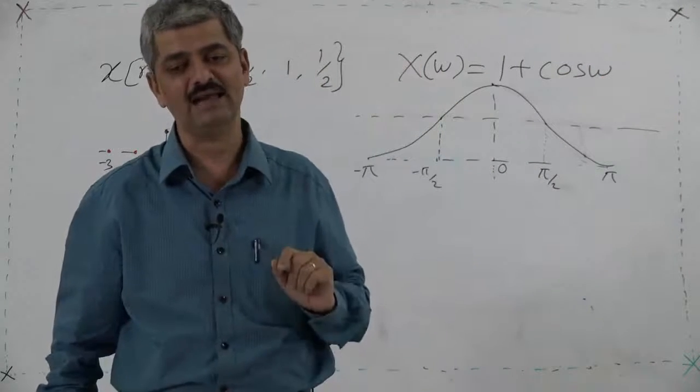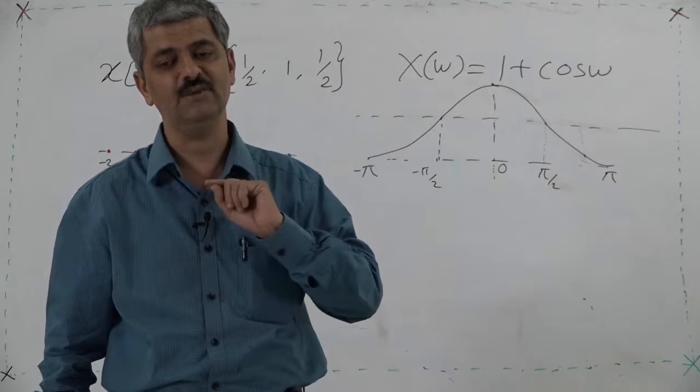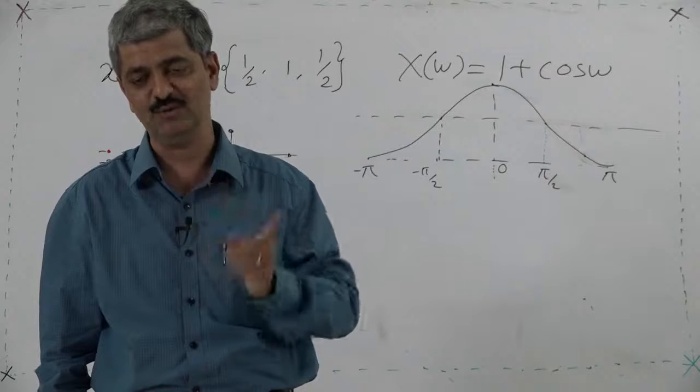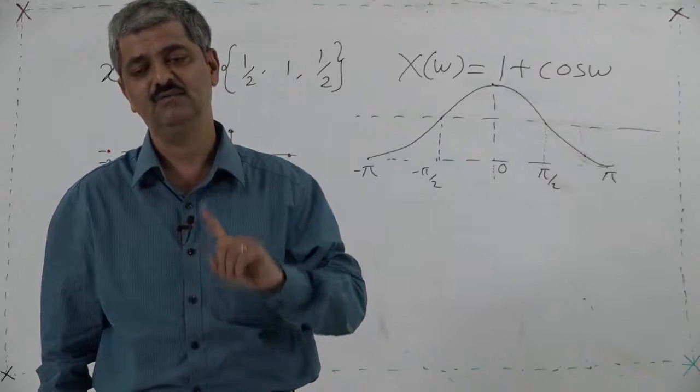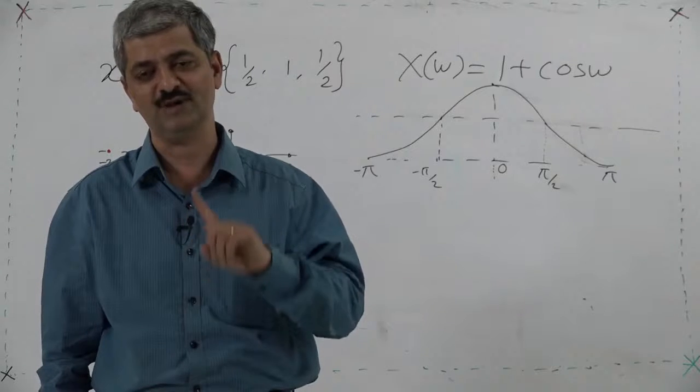For omega equal to pi by 3, that is 60 degrees, the value of cos omega is half. So the value of X(omega) is 1.5.